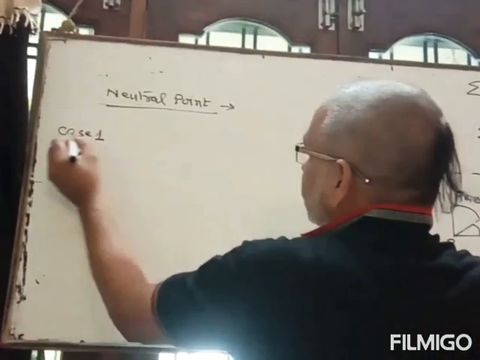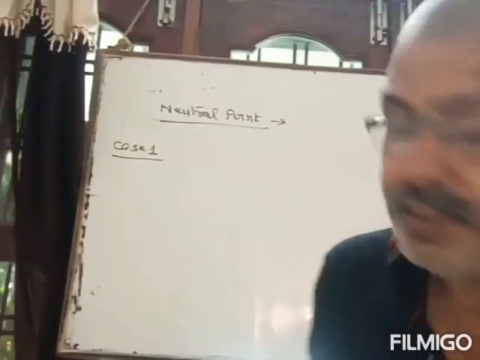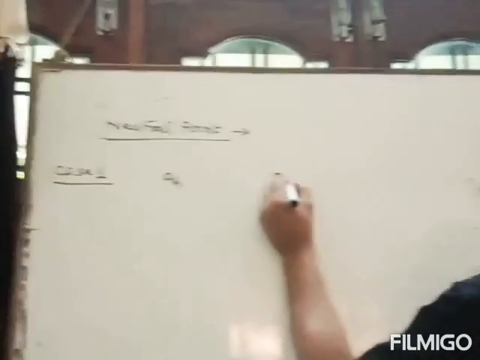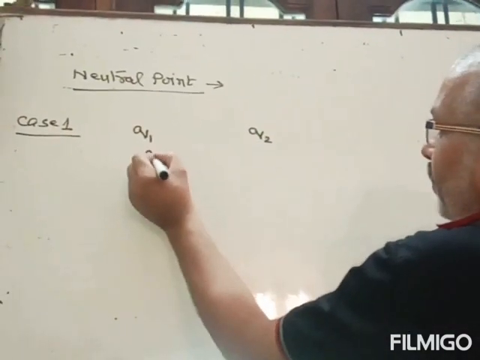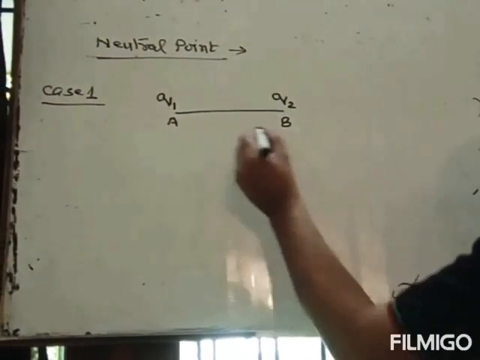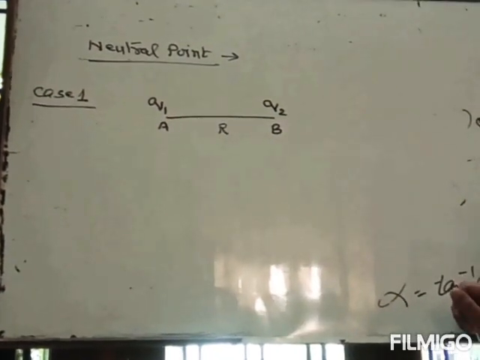So suppose case first, if two similar charges, meaning positive charges, are kept at a certain distance from each other in air or vacuum or in any medium, then where does the neutral point exist?